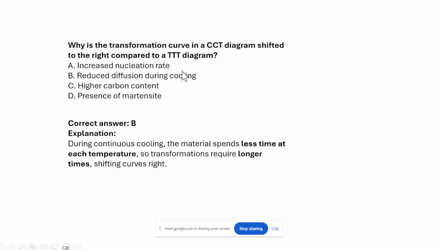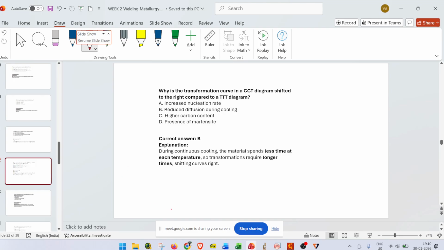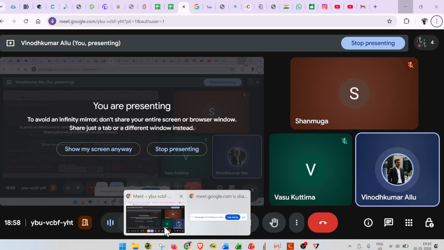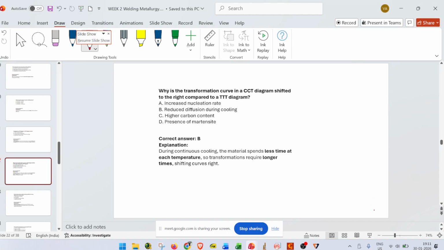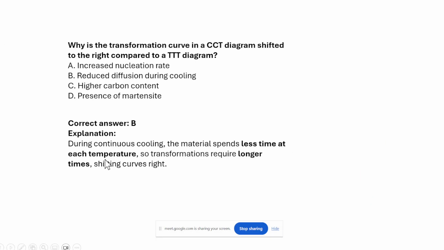To increase the nucleation rate, reduced diffusion during cooling, higher carbon content, or presence of martensite. Yes. During continuous cooling, the material spends less time at each temperature, so the transformation requires longer. I have to look into this question.